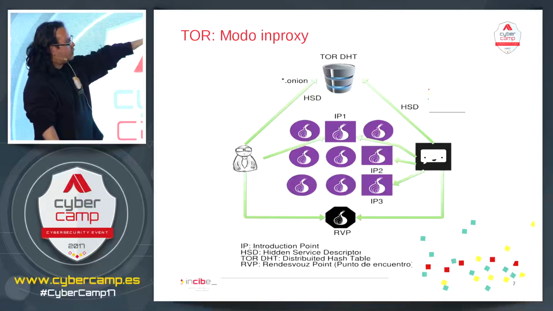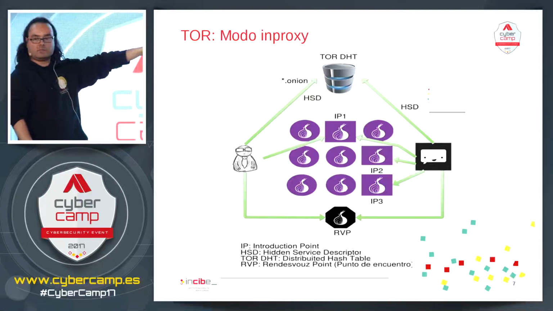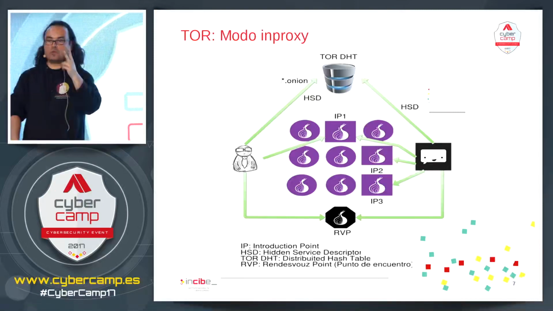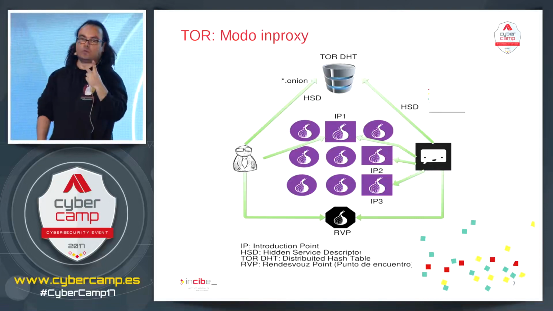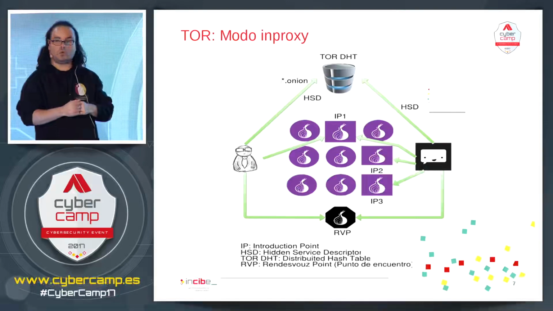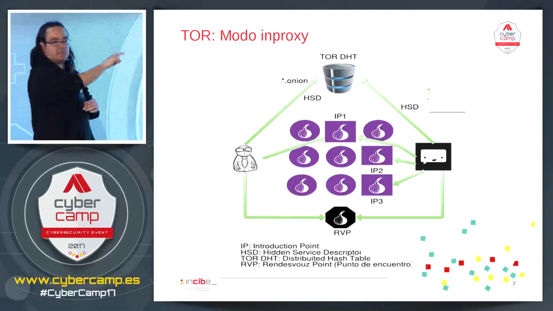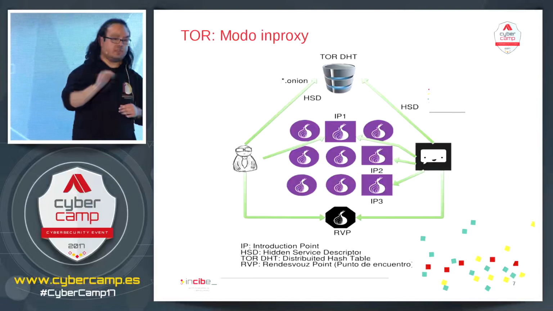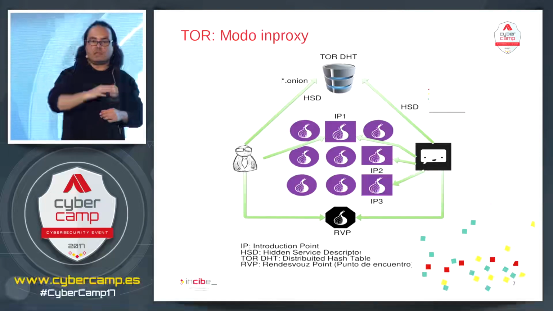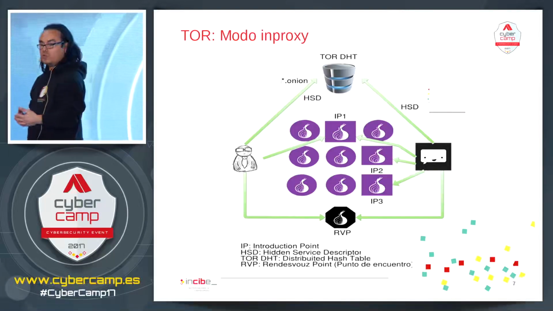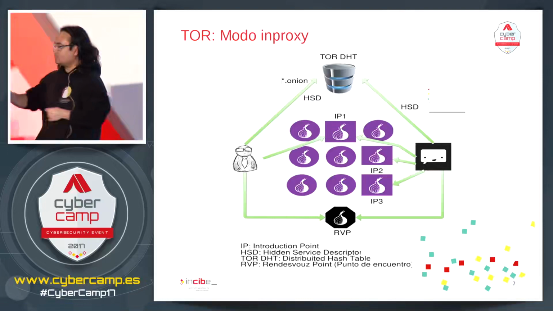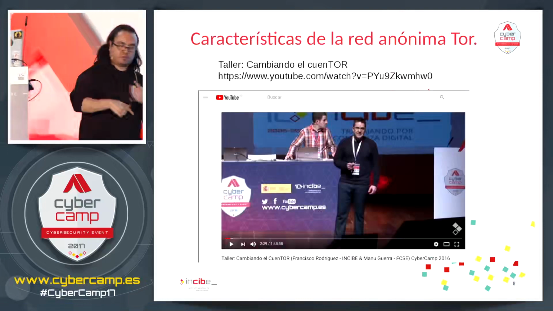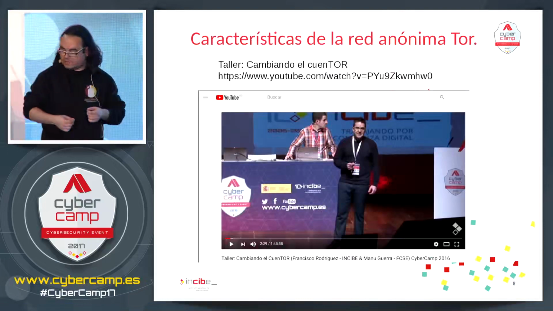The rendezvous point knows that it corresponds to a service. So we have this communication that is made up of two different circuits that are independent from one another. Anonymity is a lot more solid this way.